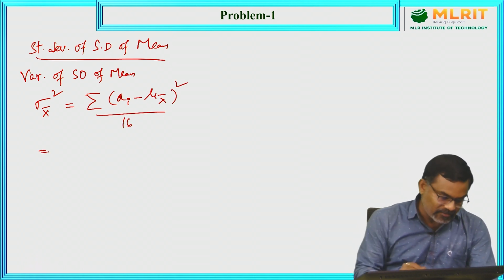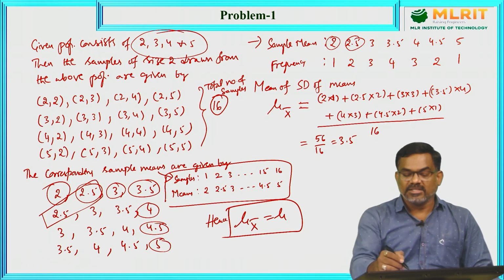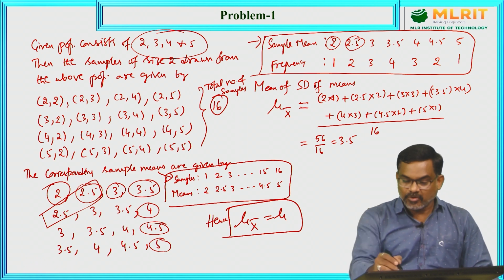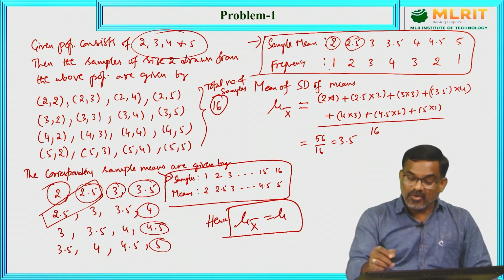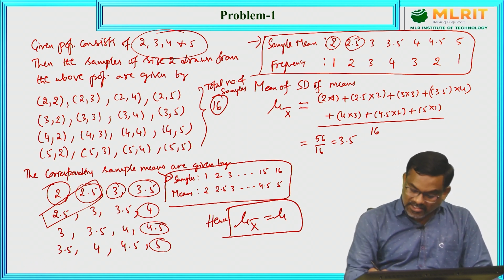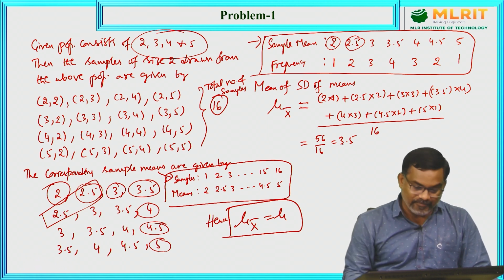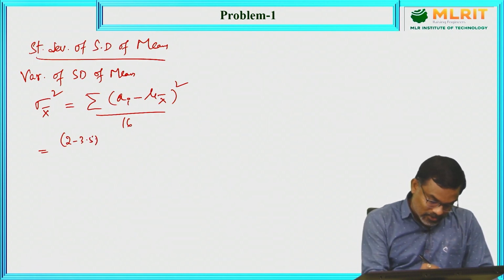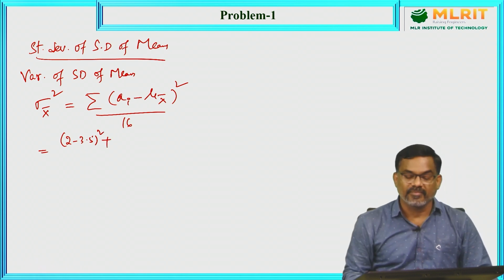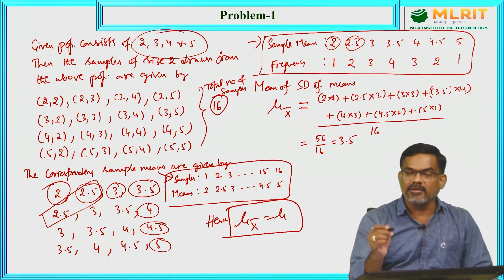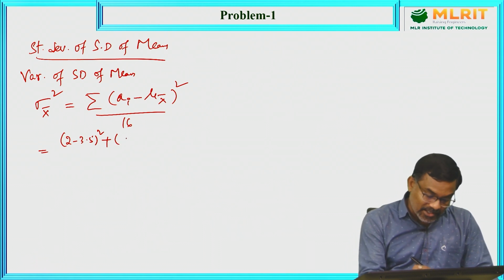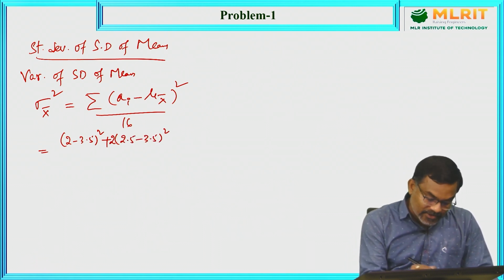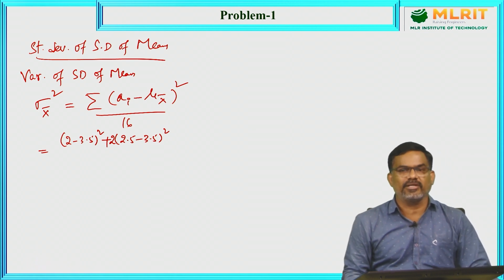So, for each individual, again go to the sampling distribution of means. From this table, 2 is repeated one time. So, from 2 subtract the corresponding mean 3.5, which is repeated one time. So, 2 minus 3.5 whole square, plus, again go back, 2.5 is repeated 2 times. So, subtract 3.5 from 2.5 and multiply it by 2 because the value is repeated twice.